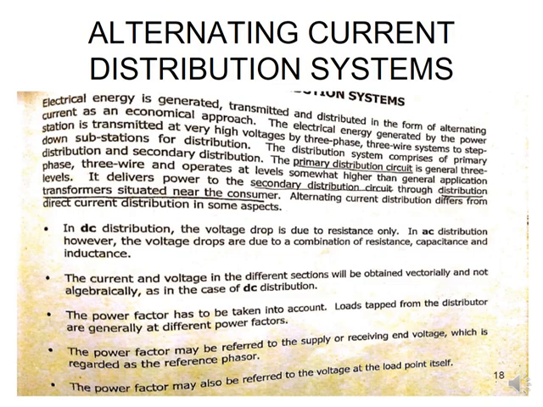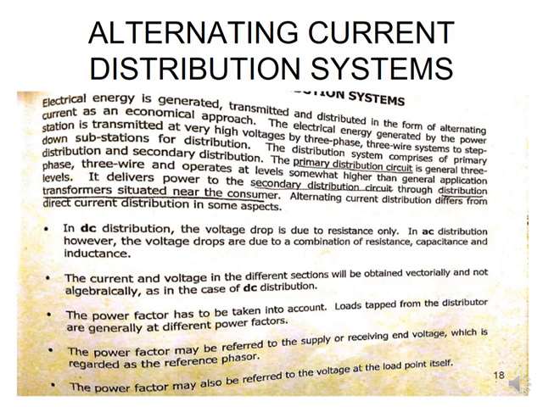Then your current and your voltage in the different sections are obtained vectorially in your AC system, whereas they were algebraic in your DC distribution system. You could just add them all up together. Then you've got a power factor that always has to be taken into account. If you remember, in DC your power factor was assumed to be 1, but in AC your power factor is anything between 0.1 and 1.